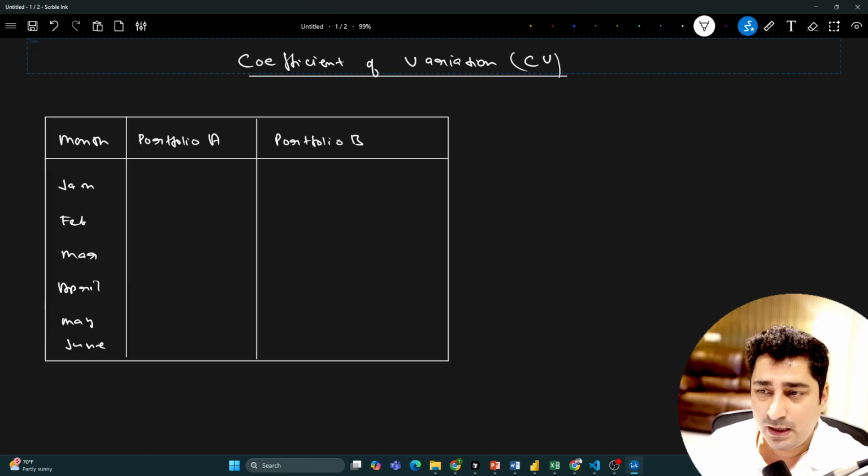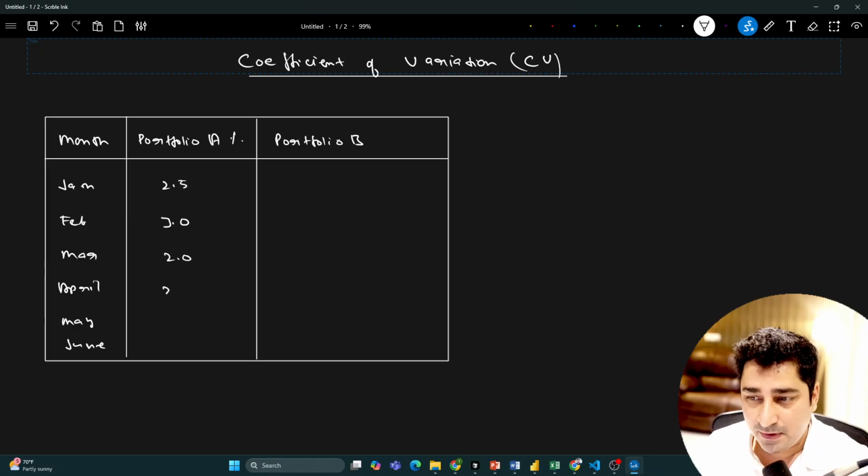Portfolio A is giving you 2.5% return in January. It's a percentage of return I'm talking about. In February, this is giving you 3% return. In March, it's giving you 2% return. In April, 2.5% return. In May, 3.5% return. In June, 2% return.